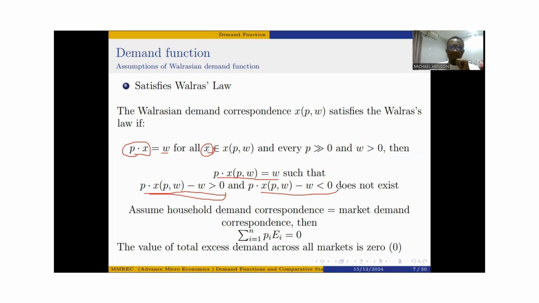All right. So what happens is that should there be no excess demand, then the market is going to clear, and that is expressed by this summation function here, where the E_i represents the excess demand for given commodities. Let's assume that the consumer has an amount of wealth to spend on 2 commodities.